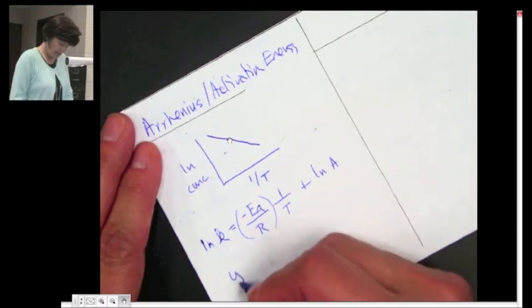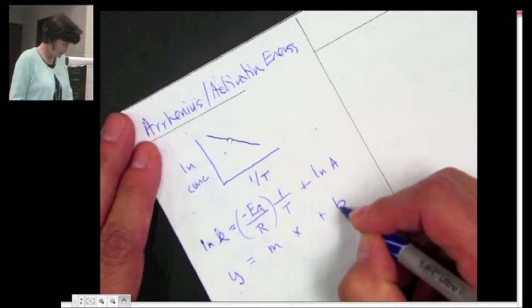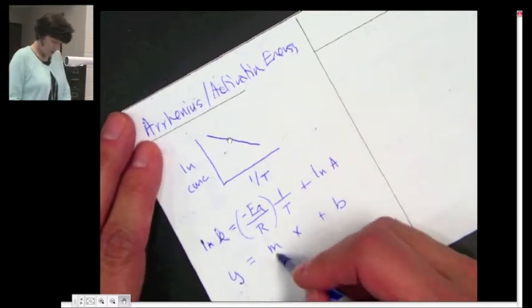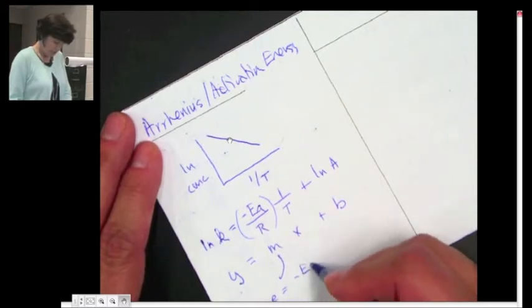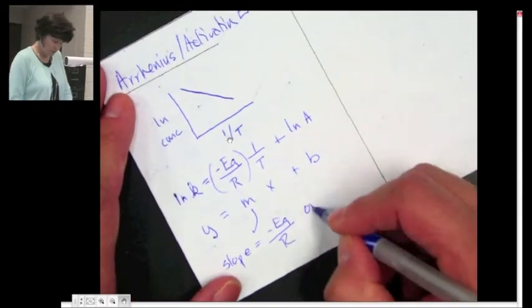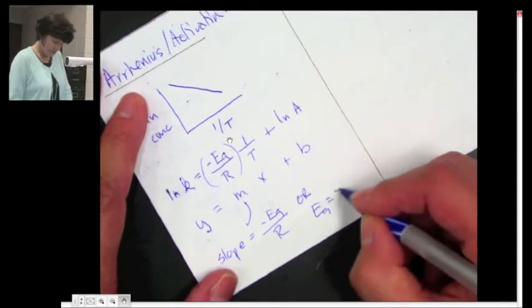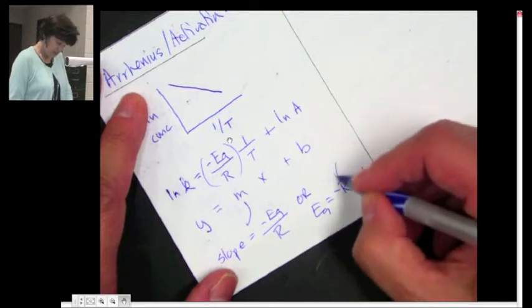This would be y = mx + b, where the slope would be equal to the activation energy over the gas constant, or if you wanted to solve for activation energy, it is equal to the negative R times the slope, this being a constant.